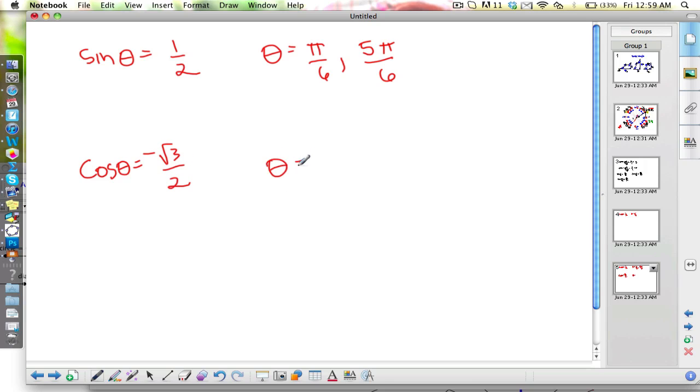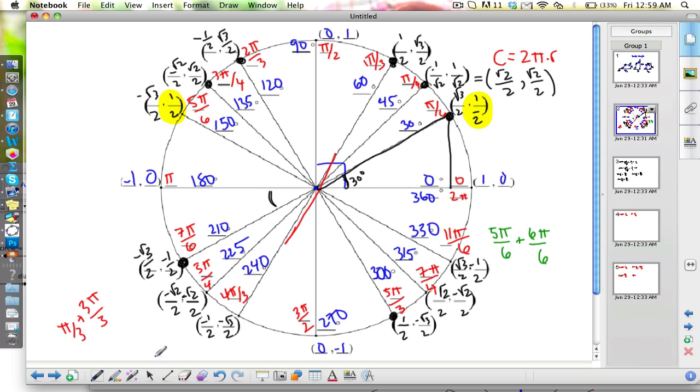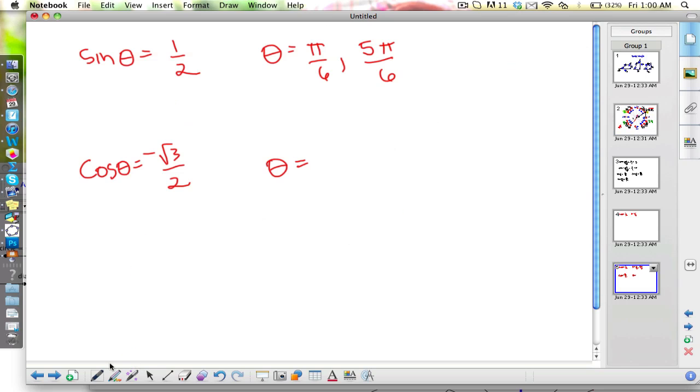Okay, so what angle produces an x value of negative √3/2? So go to your unit circle. Cosines are negative in the second and third quadrant. And I see a negative √3/2 at 5 pi over 6. Good. 5 pi over 6, and at 7 pi over 6. Good. So now we have 5 pi over 6 and 7 pi over 6.